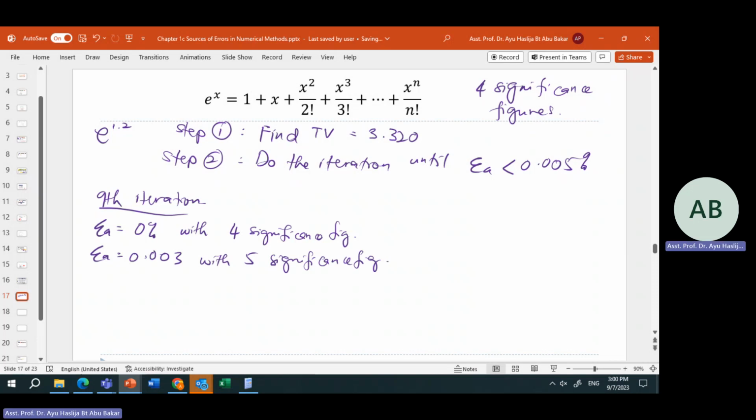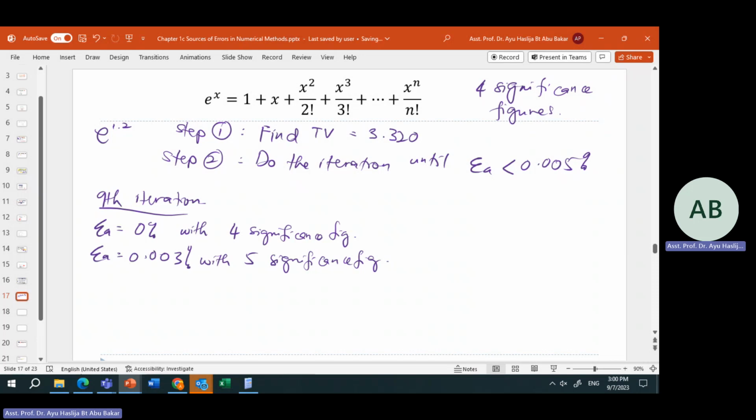So here the main point is your EA must be lesser than the ES. From here we can conclude until the 9th iteration.